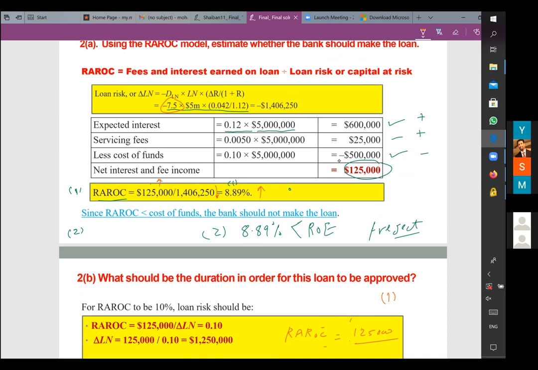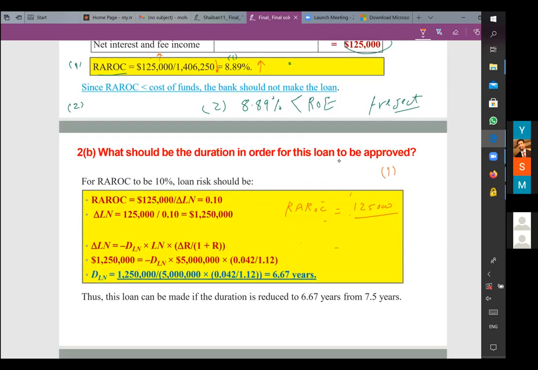And if he says how long, then in this case I can tell him how many years. So I can solve for that actually, and I can solve it by this formula. I will do the same equality, and then I will take the change in the loan. I will solve for it as we did here. So I will take the 125 as the numerator and the duration in the denominator.